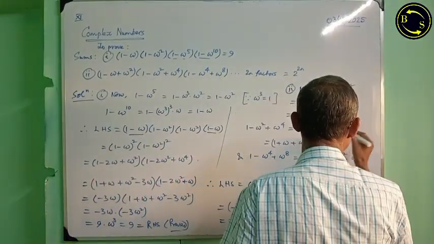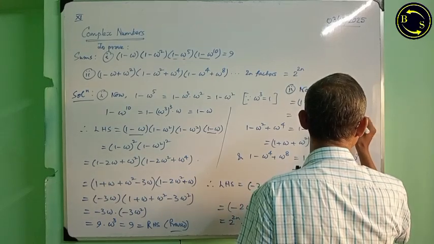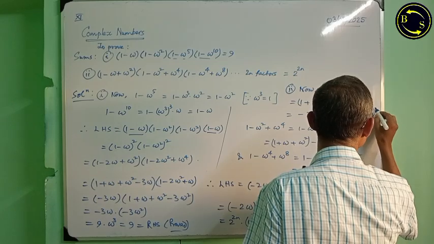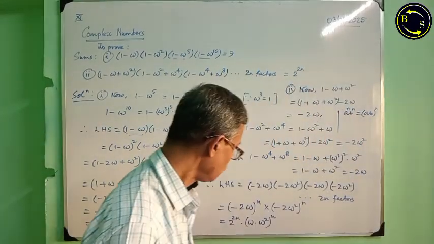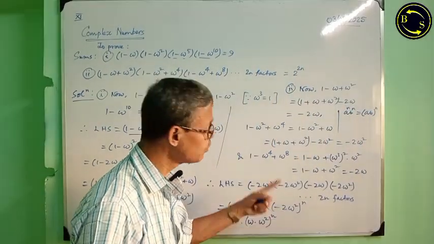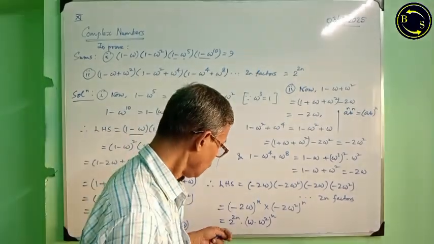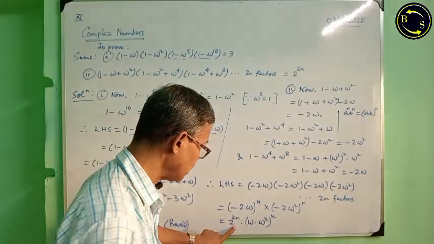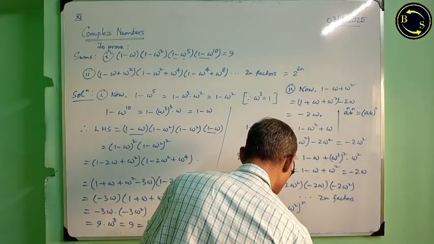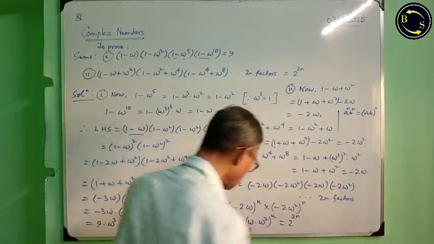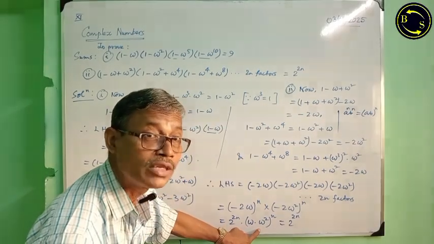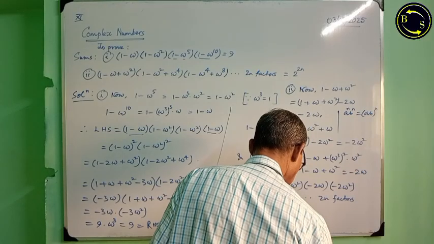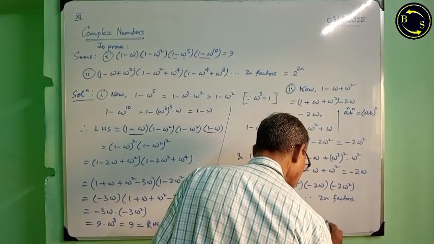Remember that identity, a to the power n into b to the power n equal to ab whole to the power n. Now a is minus 2, b is minus 2, therefore their product will be 2 square, then whole to the power n, 2 to the power 2n. Omega into omega square, omega cube, that is 1, therefore finally 2 to the power 2n, that is the RHS part proved.